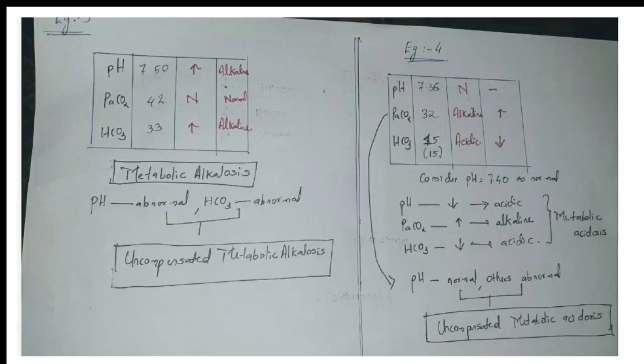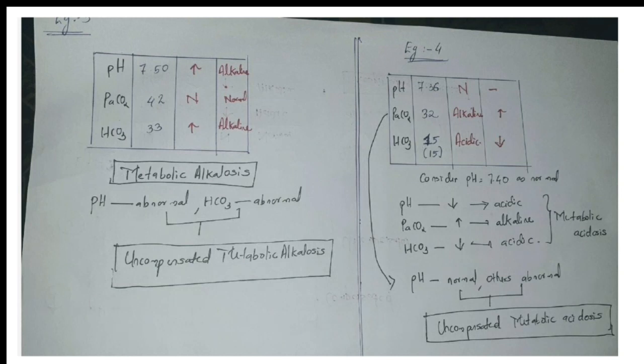Let us solve an example and see how it is. Look on to example number 3. In that you can see the given pH value is 7.50, PCO2 is 42, HCO3 is 33. So we'll start solving from step number 1. pH is more than the normal, so we say it is alkaline. PCO2 is normal, 35 to 45.